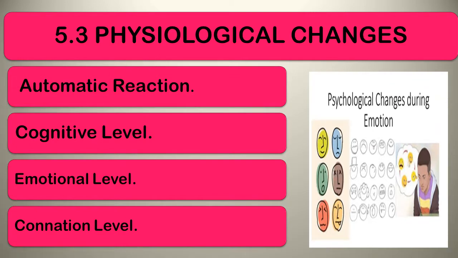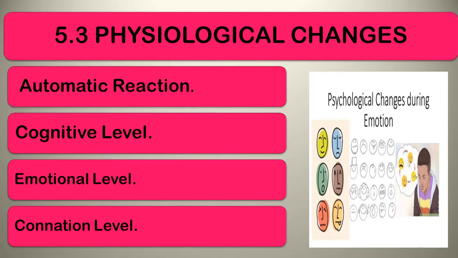Students, coming to the next topic of today's lecture, that is 5.3, Physiological Change During Emotion. Before coming to the physiological change, let us understand the meaning of the word emotion. Emotion is a Latin word which means to stir up or move.